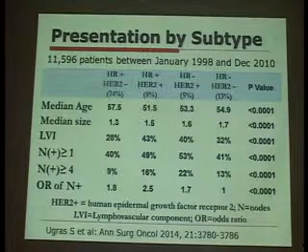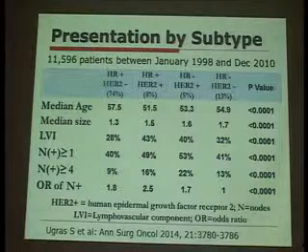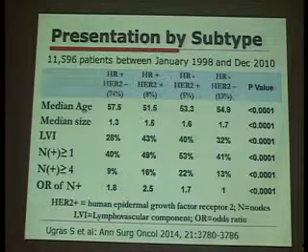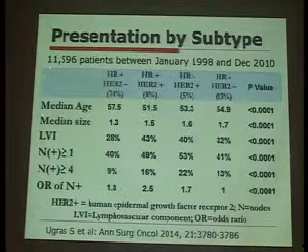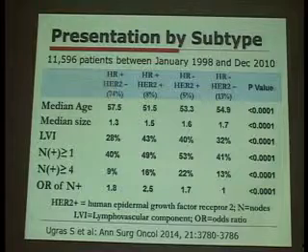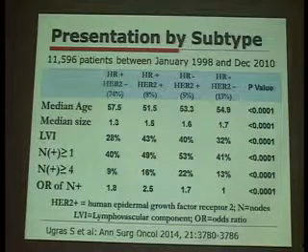Now, in order to answer the second question, are these patients candidates for the Z11 trial? Our fellow, Dr. Ugras, reviewed our experience. Approximately 11,500 patients between 1998 and 2010. All these patients had surgery at Sloan Kettering.